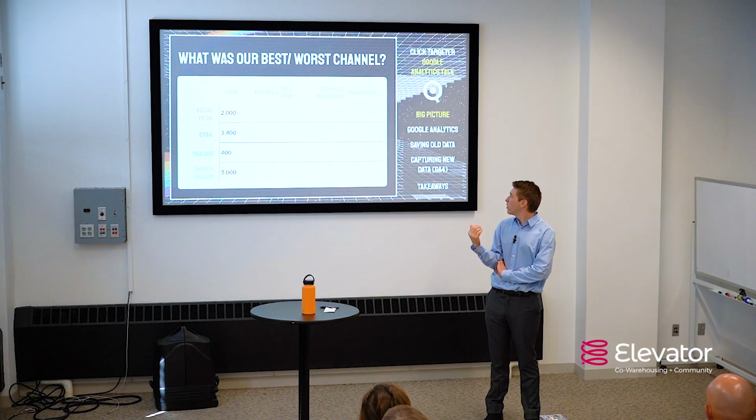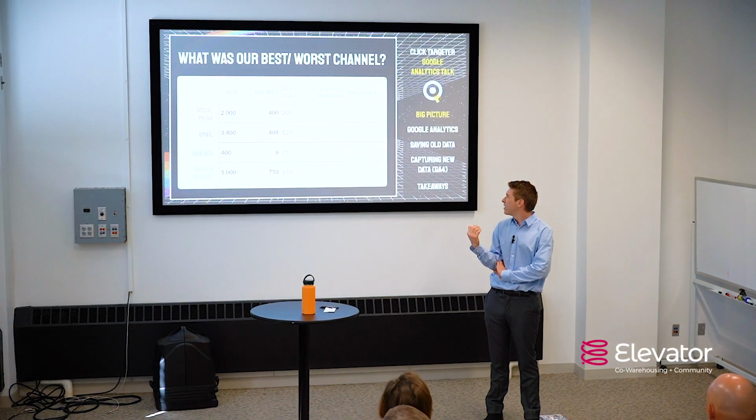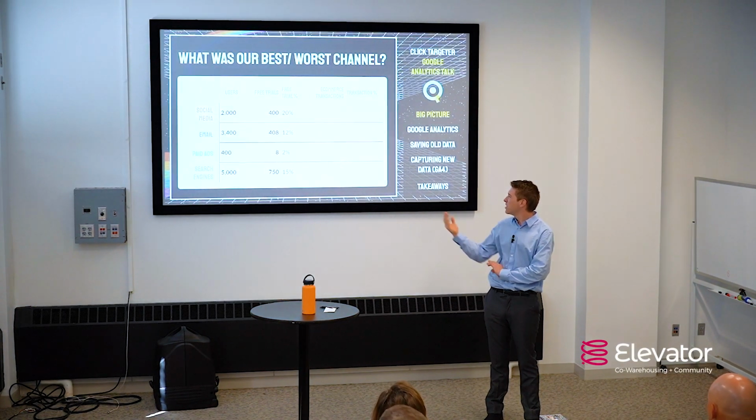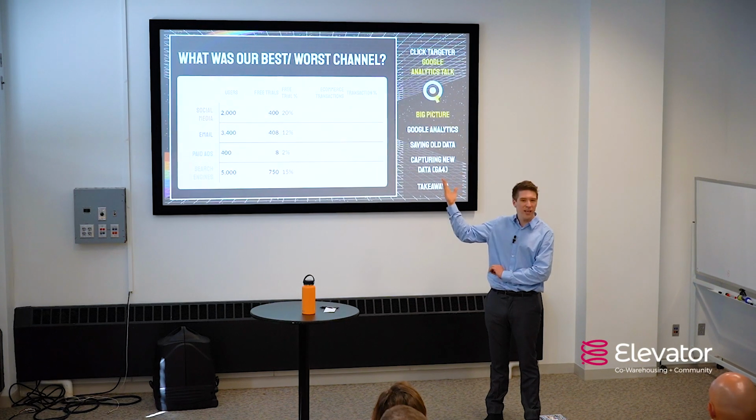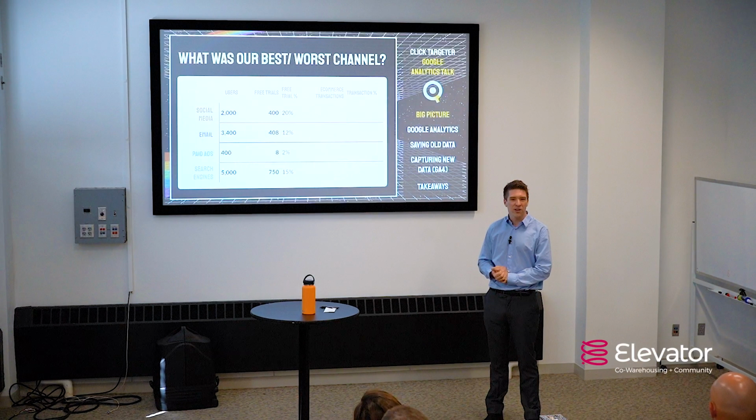Once you get a little more data, it's like, okay, search engines are good, but our social media is actually doing pretty well too in terms of getting free trials.